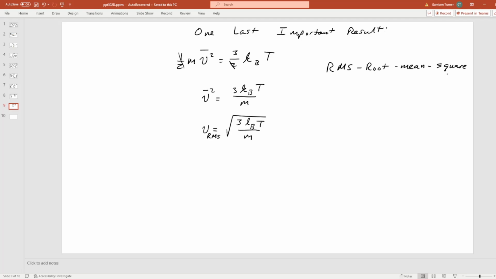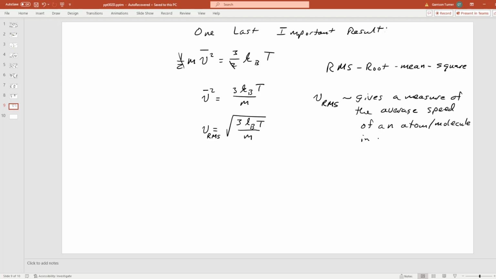So this velocity gives a measure of the speed of a particle, or an atom, I really should say, in a gas.